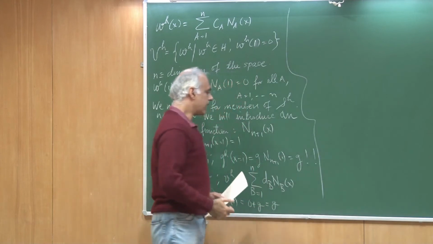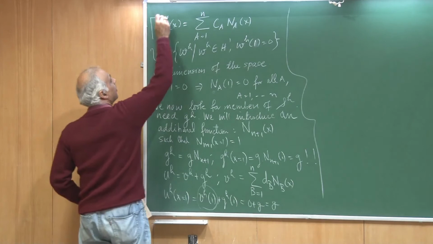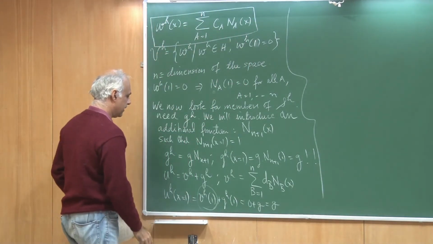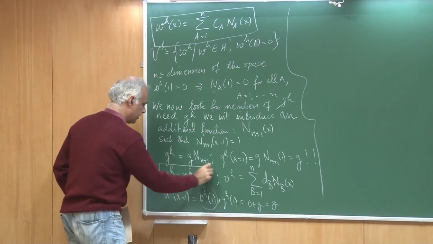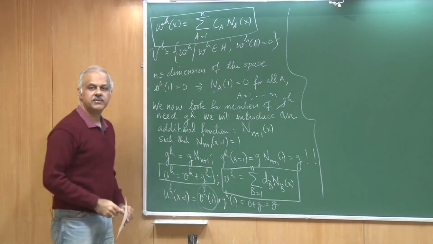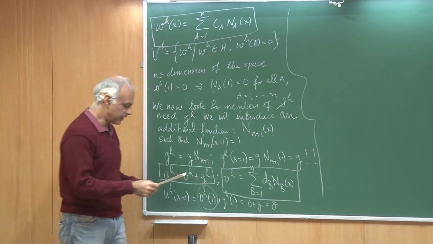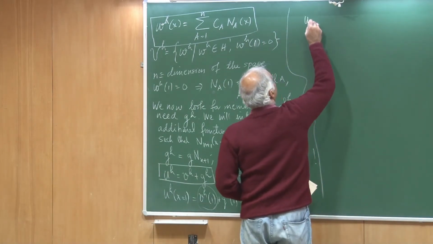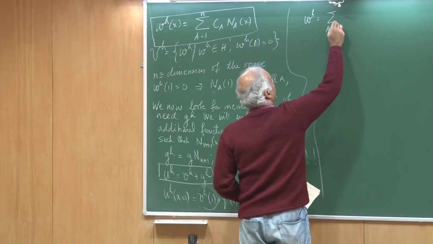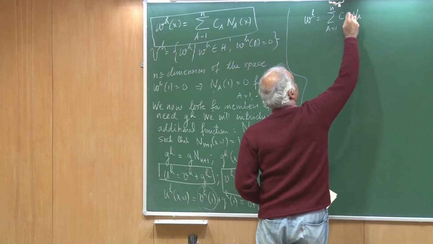Okay. Now, what I can do is choosing this definition of W, and by choosing this definition of U, I can substitute in the Galerkin form and then simplify it further. So, let us do that. So, let me rewrite for you. WH is given as summation A goes from 1 to n CA NA.